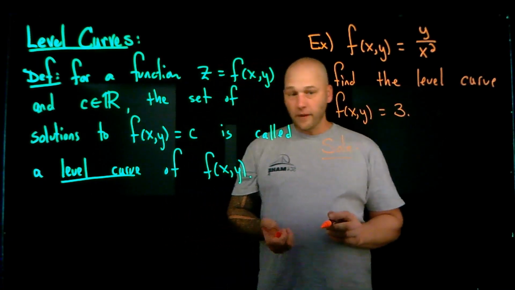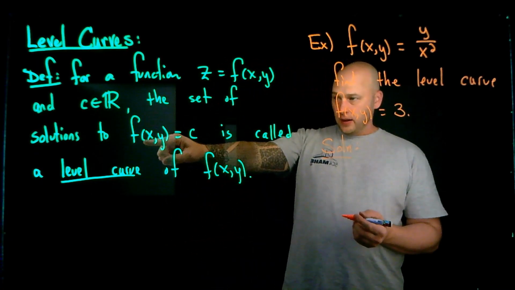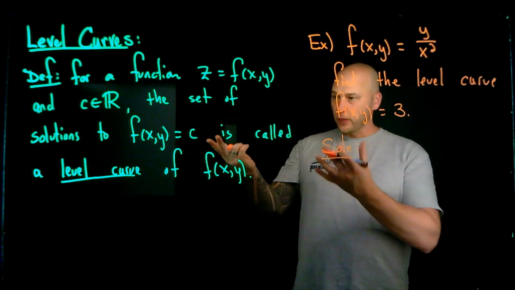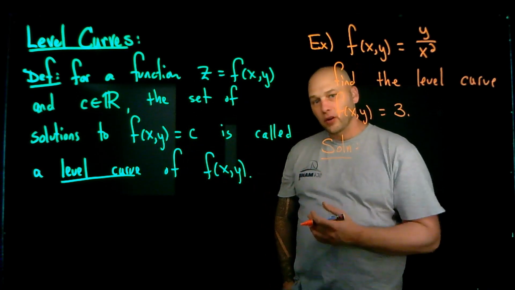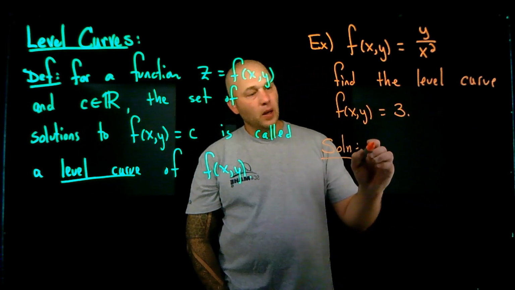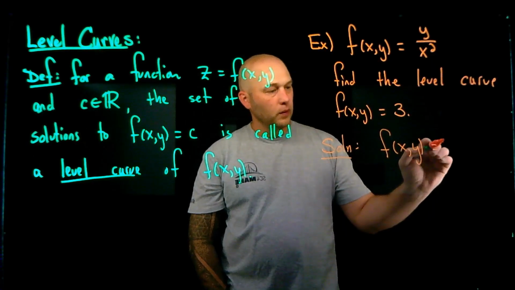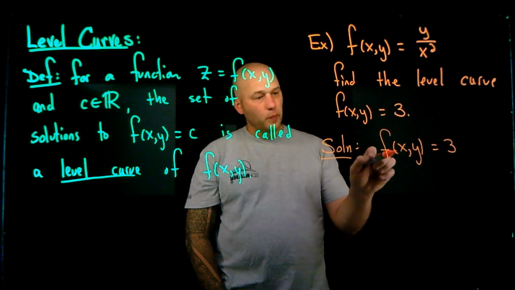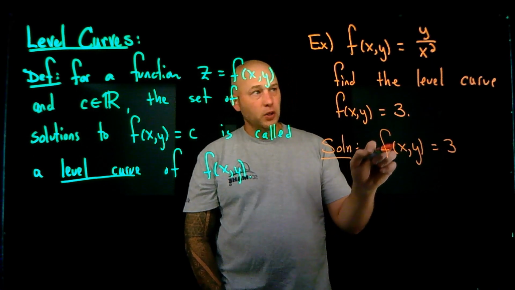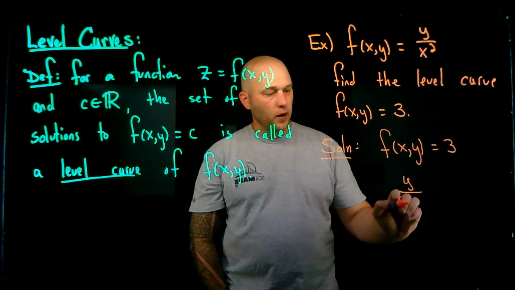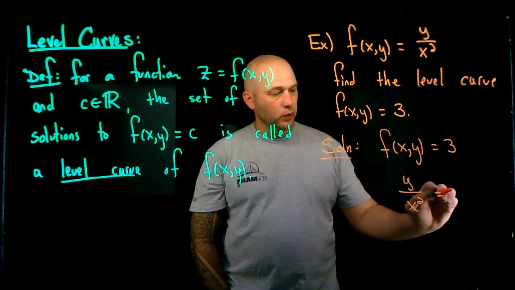Okay, so solution. Looking back at the definition, again, I take the function equals a constant, and then I'm going to extract the level curve from that. So let's see how this is done. What I'm going to do is start with f of x, y is equal to 3. And then I'm going to replace the name of the function with the expression for the function. That says y over x squared is equal to 3.